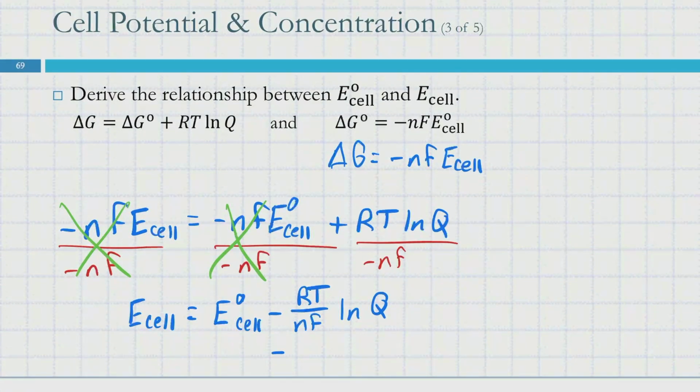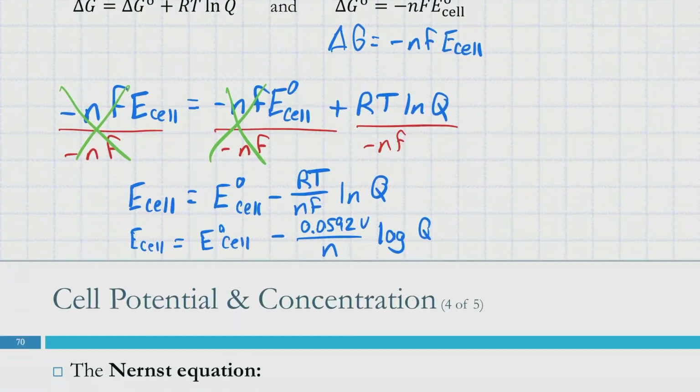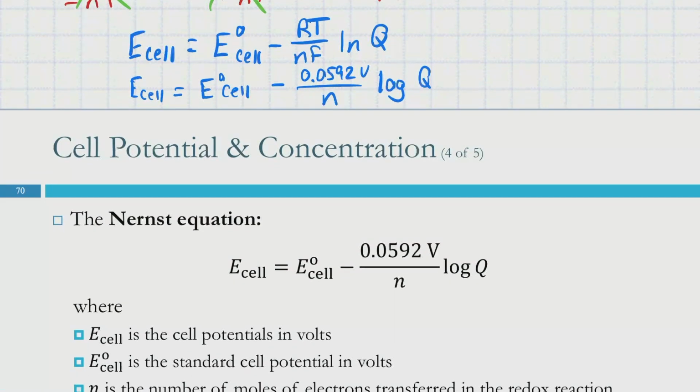So we can actually turn that into 0.0592 volts over n log Q, and the rest stays the same. Isn't that nifty? And that is the Nernst equation.